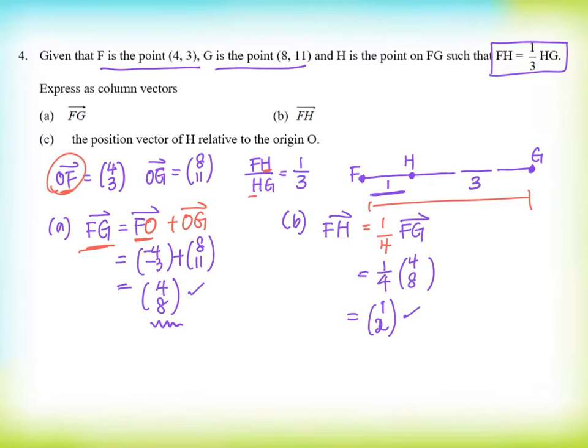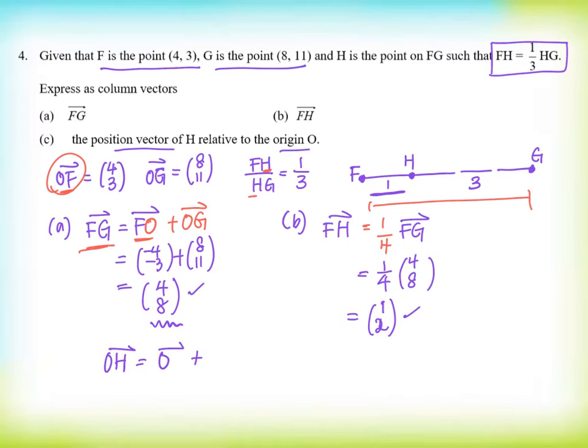Find the position vector of H relative to the origin. That means they want us to find the position vector OH. So if I have the part A and part B answers, how can I find OH? O can travel to which letter?